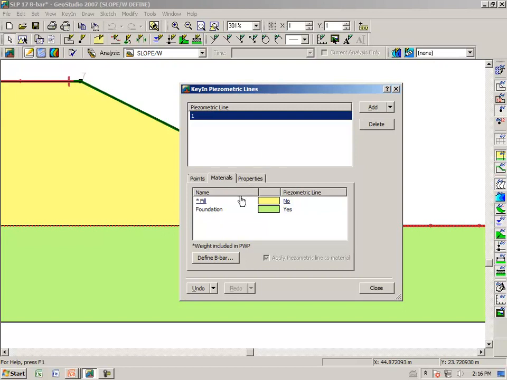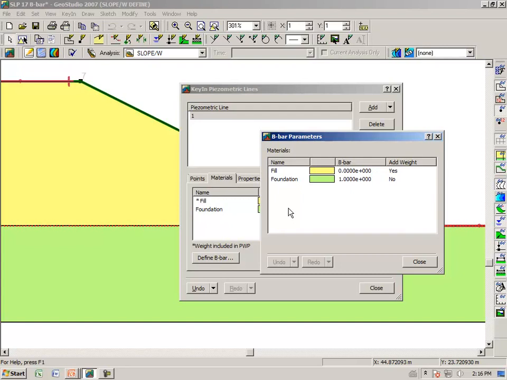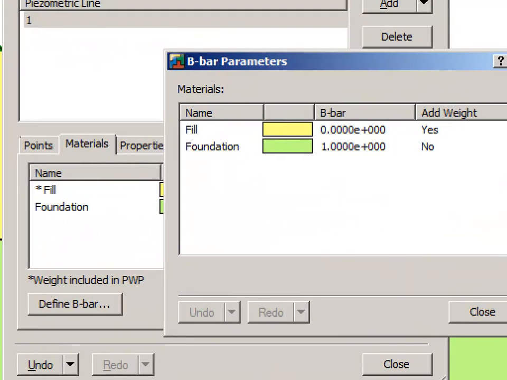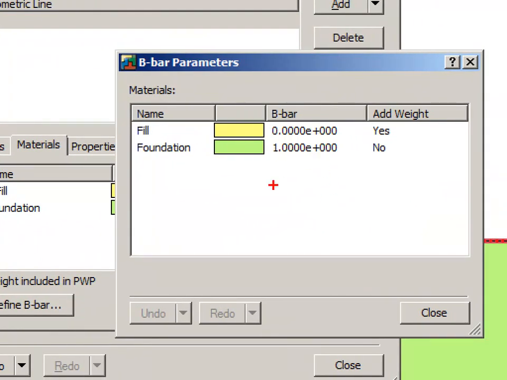So piezometric lines can be identified with certain material types. Secondly, we need to look at Define B bar. And here, notice that the fill weight adds to the pore pressure. The foundation weight does not add to the pore pressure. There is no excess pore pressure developed in the fill due to its self-weight.